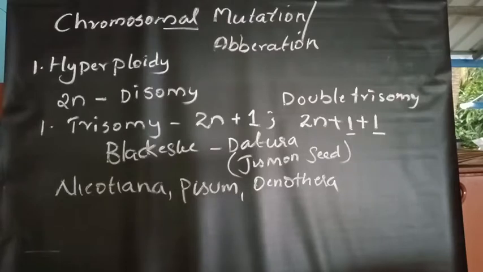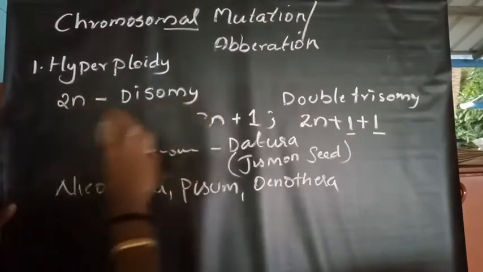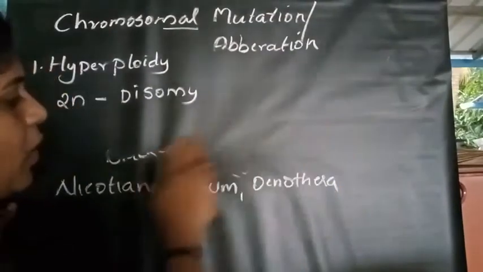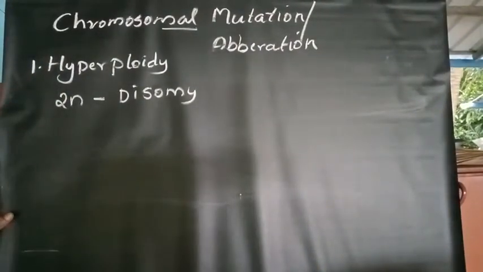Just like this, there are many other types of somies. Tetrasomies are there, then pentasomies are there. Next one is tetrasomy. Double tetrasomies and triple tetrasomies are also present.